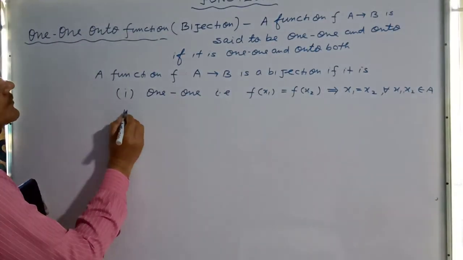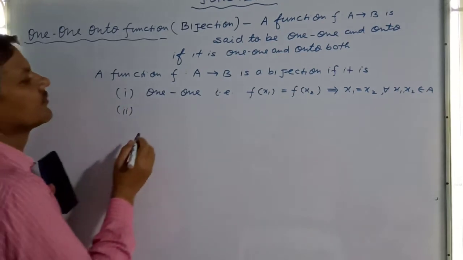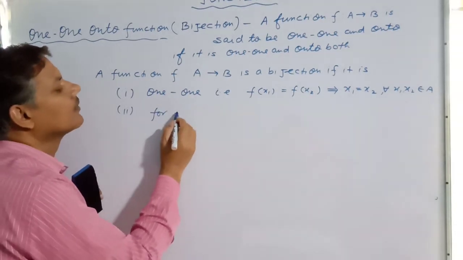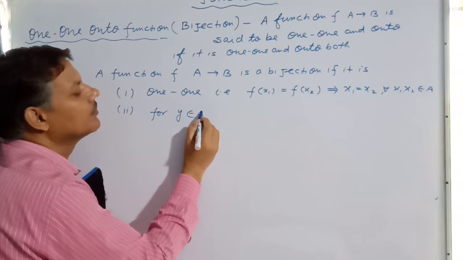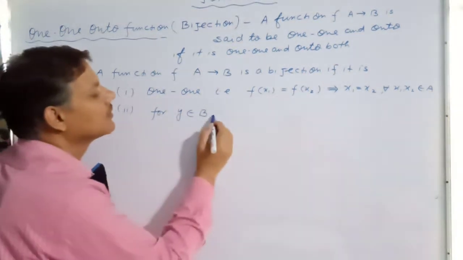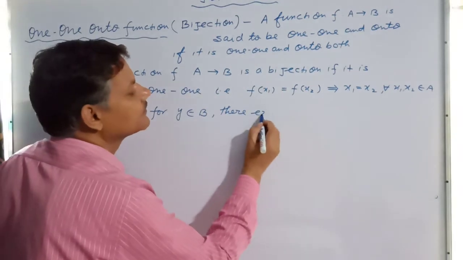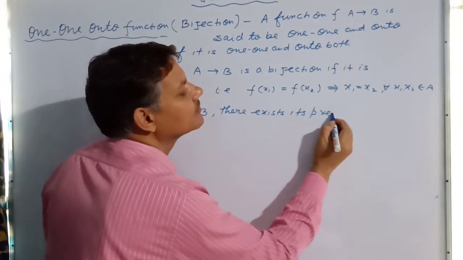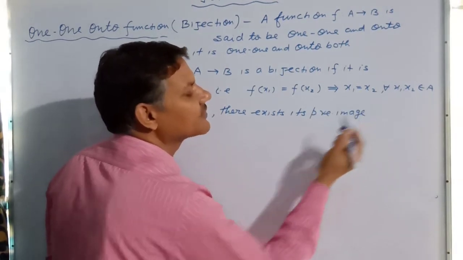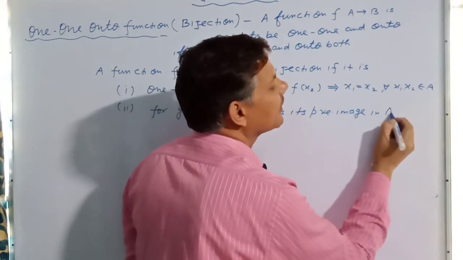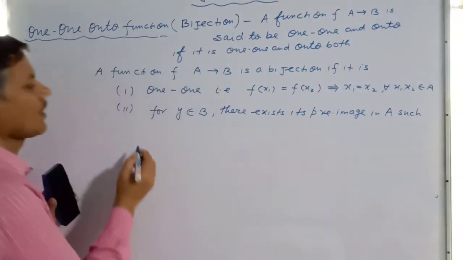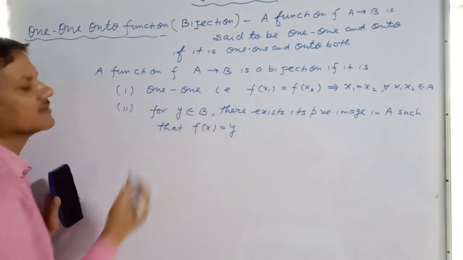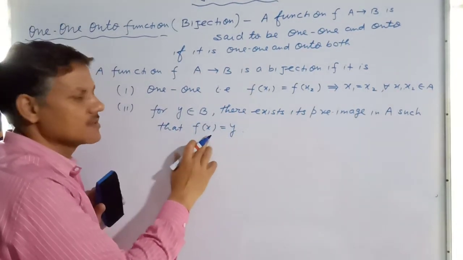Second one is, for y an element of B, that is the codomain, there exists its pre-image in A such that the image of x equals y, or we can say the pre-image of y is x.